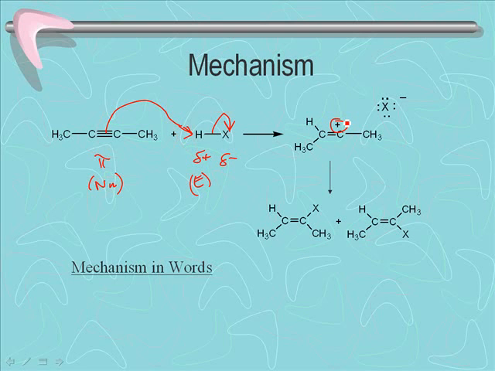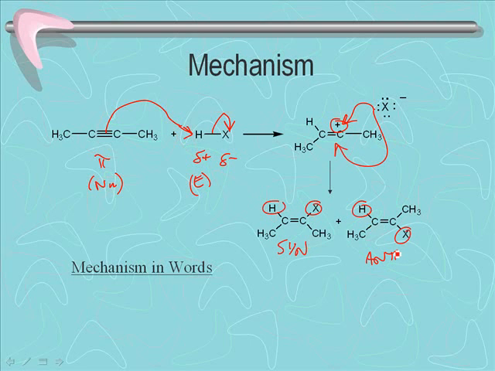In this case, the carbocation is an sp hybridized carbon. That's a much less stable carbocation intermediate than an sp2 hybridized carbocation. Once this carbocation forms, our halogen can attack on either face of that sp hybridized carbon, leading to the H and X adding syn to one another, or the H and X adding anti to one another.